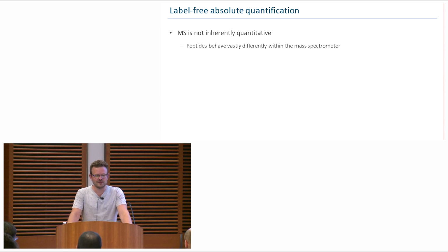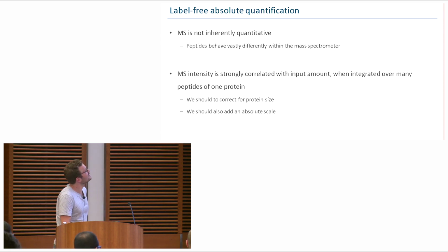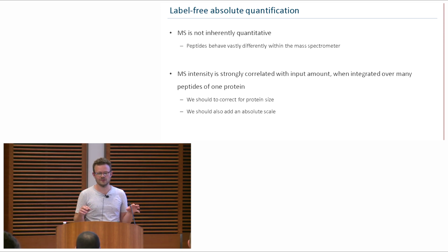The peptides all behave differently in this mass spectrometer, and even the runs are not reproducible. The MS intensity is strongly correlated with the input amount, but it's not so easy to compare. So you have to correct for the protein size. It really matters: your MS signal from a protein depends on how your protein is made up, so how flyable the peptides are. So this has to be corrected.